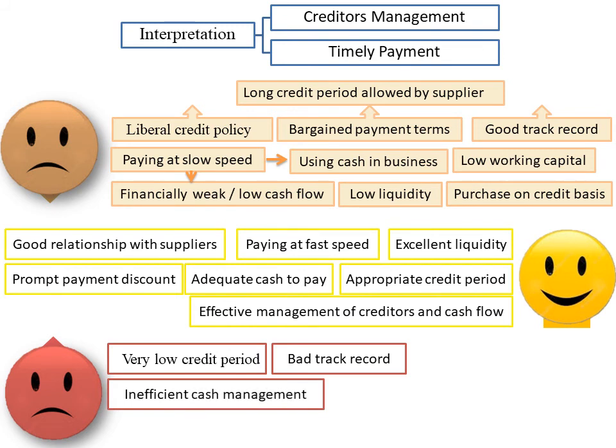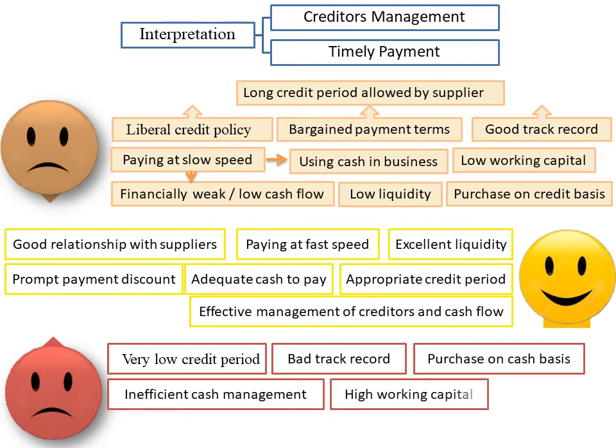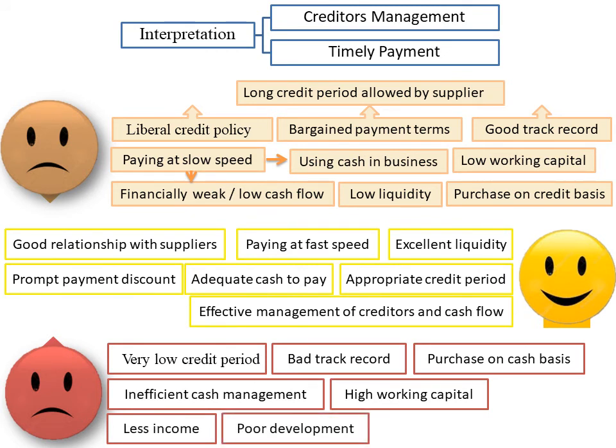It shows that the majority of purchase is done on cash basis, which in turn increases working capital. Such firms may face the problem of less income and poor development in future. It also shows that the firm is using maximum cash for payments and not investing back into the business.